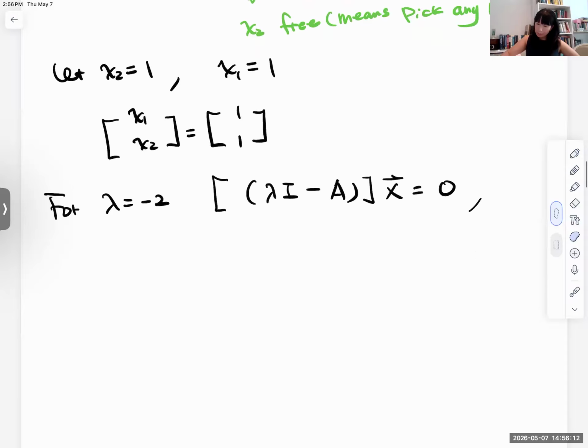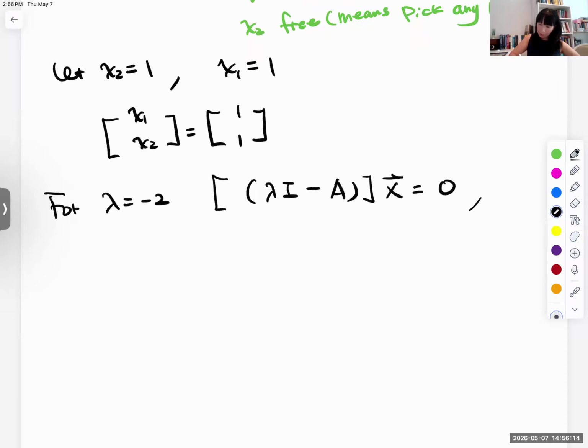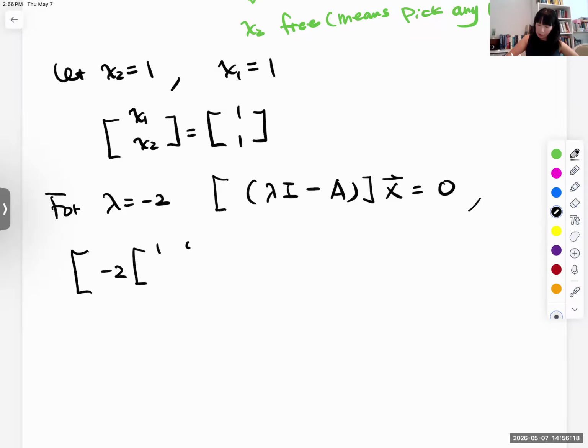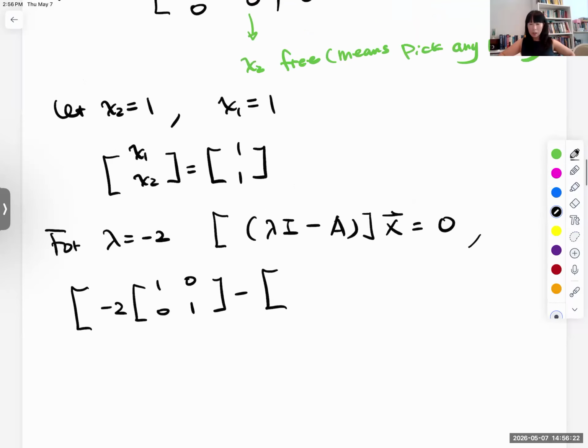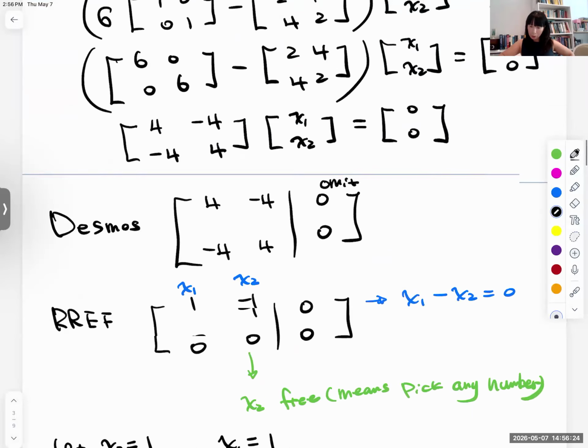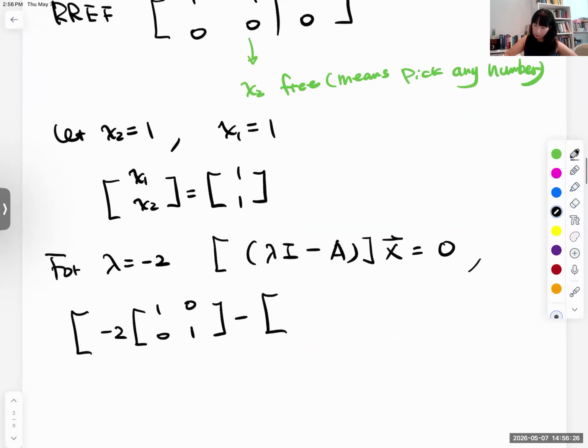Okay, so there will be lambda equal to negative 2. And then identity is 1, 0, 0, 1, minus A, which is 2, 4, 4, 2.